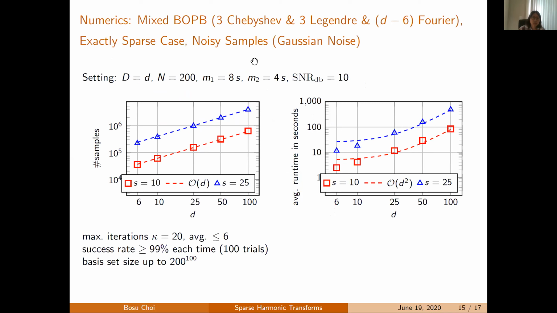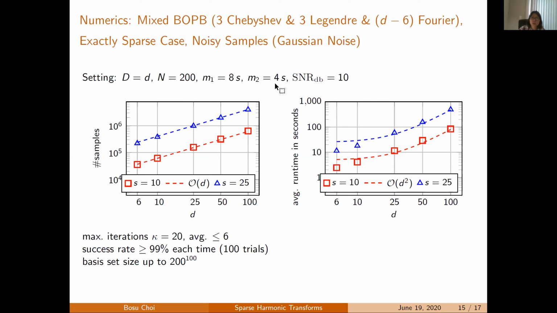In our numerical test, we mixed different bases: Chebyshev bases, Legendre bases, and Fourier bases. This is for the exactly sparse case with some Gaussian noise. Here we choose capital D equal to small d, n is 200, and M1 is 8s, not s squared.